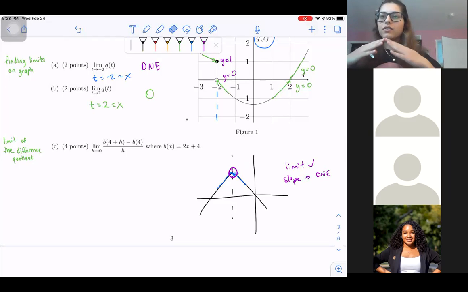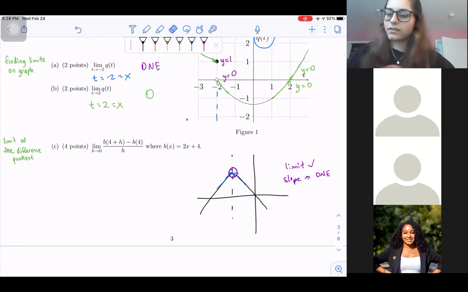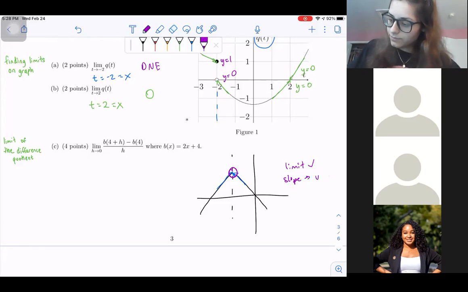When you have that corner point, you don't know if it's increasing or decreasing. Technically, it's neither, but if you approach from either side, your derivative will either be positive or negative, so you can't find a good slope for that. It's not 0. It will be undefined, or does not exist. I think undefined is a better term. So your limit exists, your slope does not.